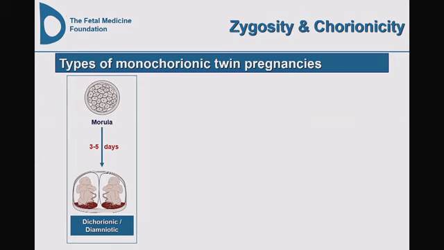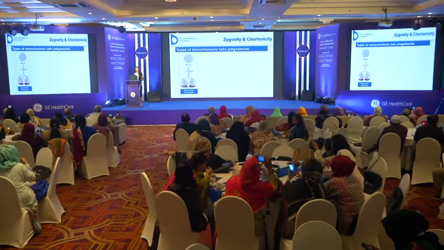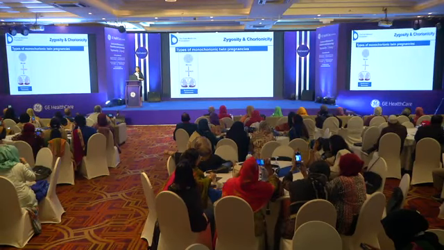We have different types of monozygotic twins, and if the cleavage occurs within the first 3 to 5 days, then we have dichorionic diamniotic twins, which means that we have two placentas, two amniotic sacs, and two babies.